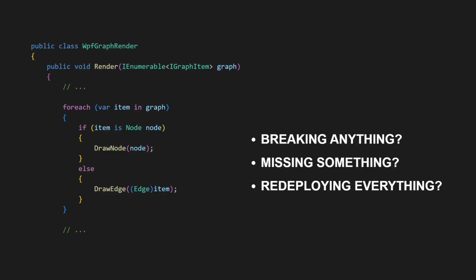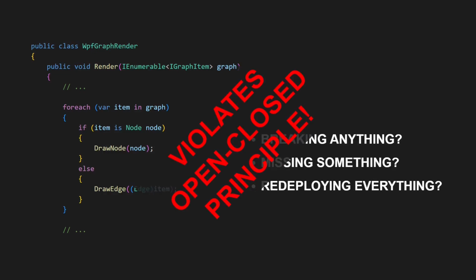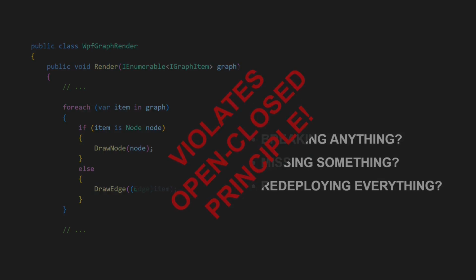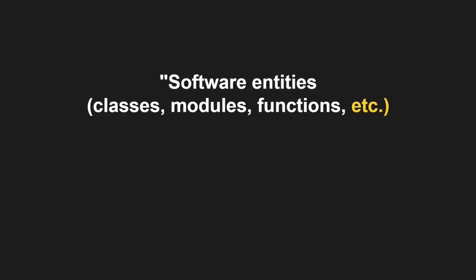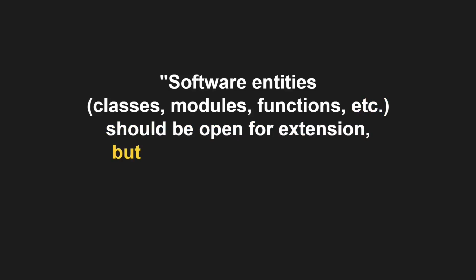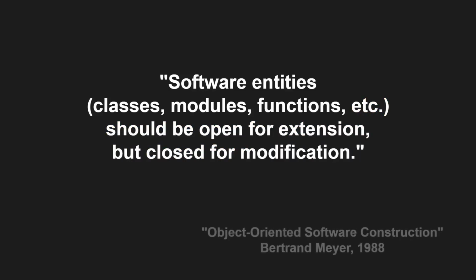The fundamental issue of this design is it violates the open-closed principle, which states software entities, classes, modules and functions should be open for extension but closed for modification. This means it should be possible to extend the behavior of a software entity without modifying its existing source code, but by adding new source code.